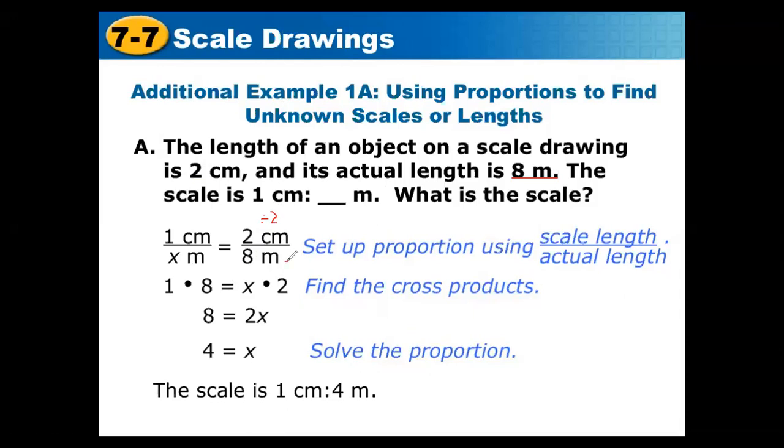Then the answer is 1 to 4. So we have different ways to answer the same question. Here we are looking for the scale, and we have to put it as 1 unit: 1 centimeter represents how many meters?